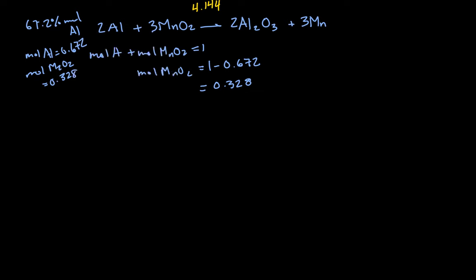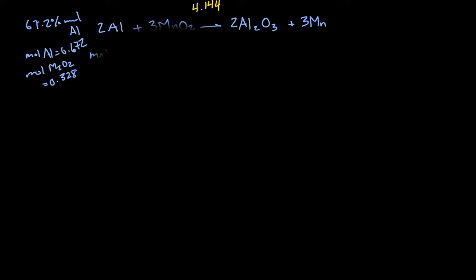So from those two, we're going to find our limiting reagent. So we're going to do this the faster way too. Before I was writing these out longhand, now we're just going to react them.